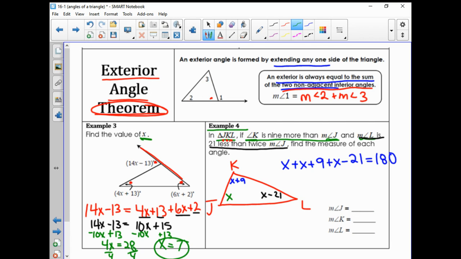So x plus x plus x is 3x. 9 minus 21 is negative 12, equal to 180 right there. Now we can go ahead and add our 12 to both sides. So 3x is equal to 192.